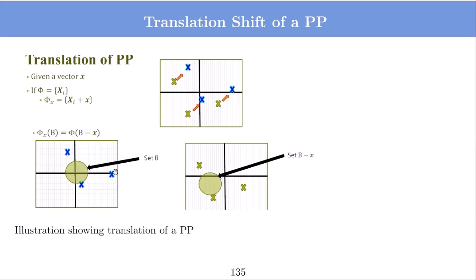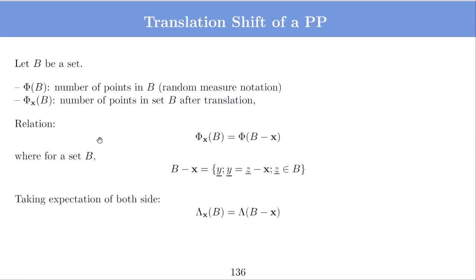So you can clearly see that the number of points in set B for the new shifted PP is equal to the number of points of the old or the original PP in the set B minus x. So this is the result again: phi x of B is equal to phi of B minus x.